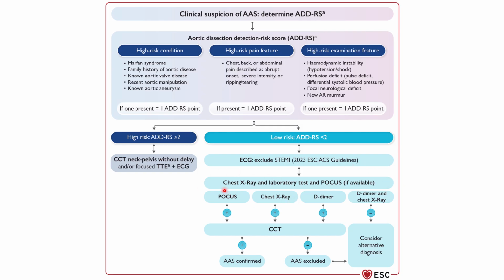And chest X-ray sensitivity for aortic dissection is horrible. So I don't think that will add anything. The POCUS might, but in the right hands. So if the D-dimer and the X-ray is negative, then consider alternative diagnoses.